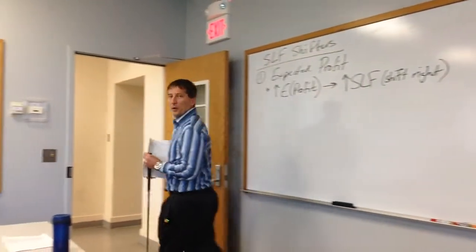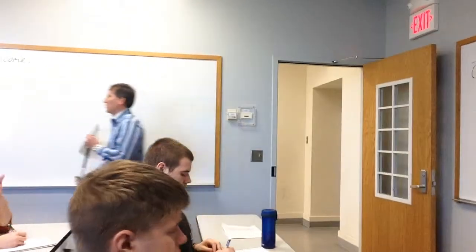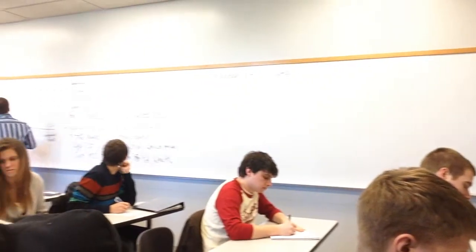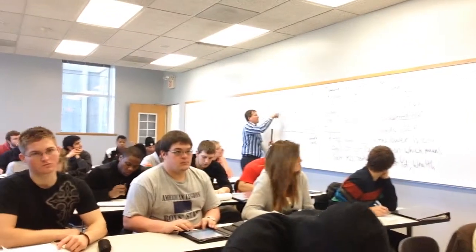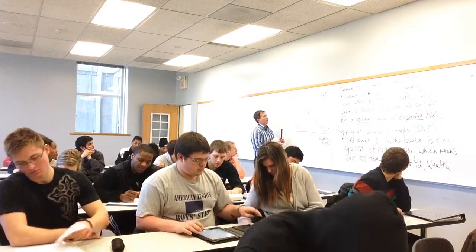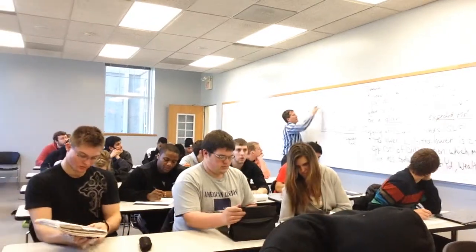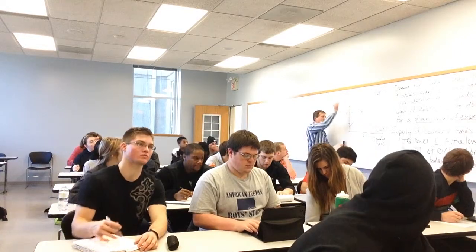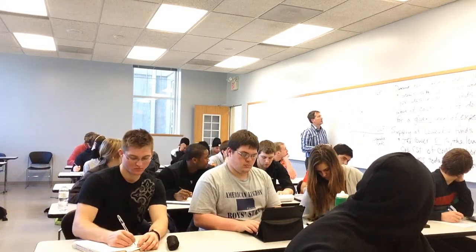What usually throws people on this shifter business is getting too fixated on this equilibrium result. Don't forget that even if we're looking at a graph like this, there is a whole bunch of interest rates in here. There's one there, there, and then there's an infinite number in between.